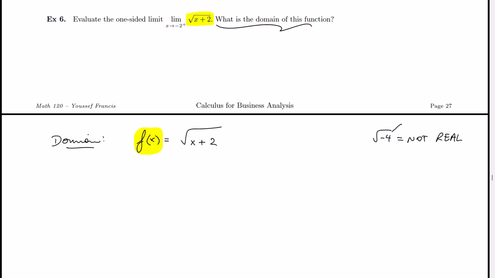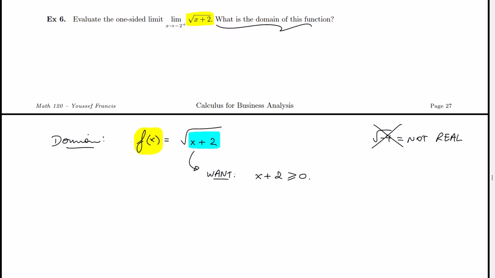Ideally, we don't want that to happen. We don't want the square root of a negative number. So we want a positive quantity inside, or maybe 0. It's valid to say the square root of 0 because the square root of 0 is 0. It is real, so it's okay to have 0, but it's not okay to have a negative value. That means we want x plus 2 to be bigger than or equal to 0.